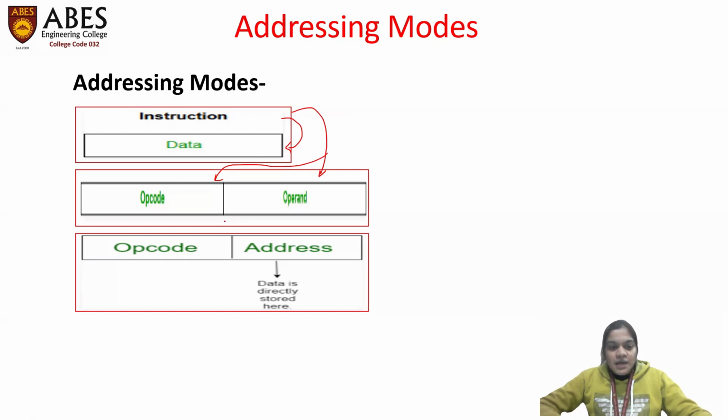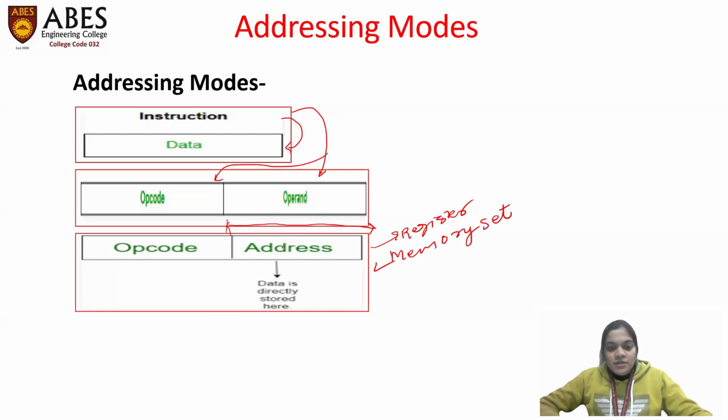But we consider that the section which comprises the operand is the address field, where your operand or the data is located inside the register set or inside the memory set. So these are the two locations where the data is stored.